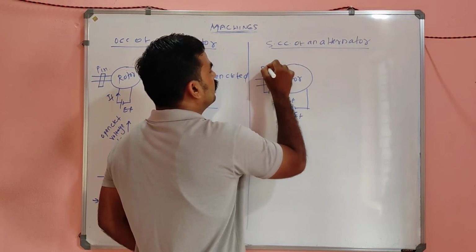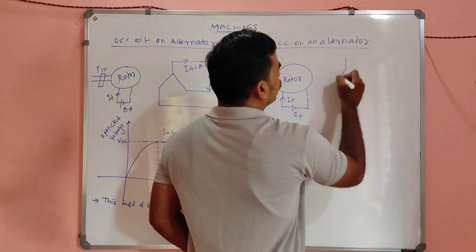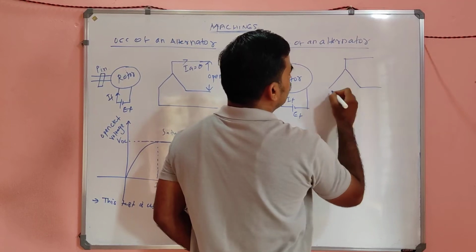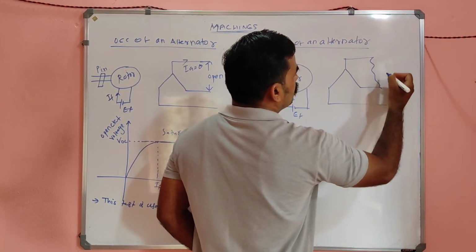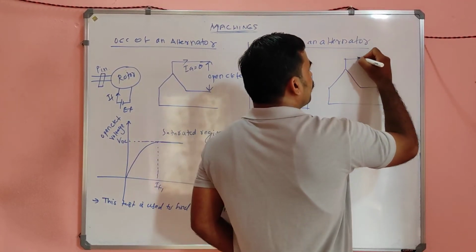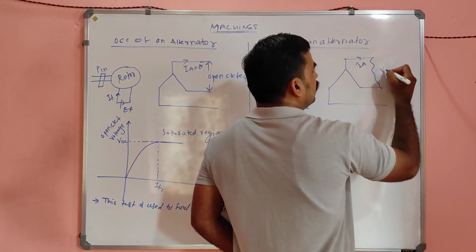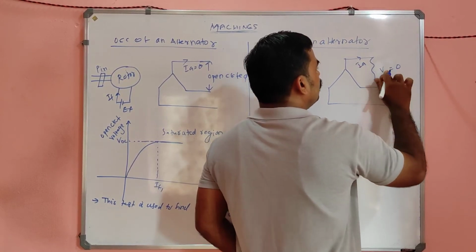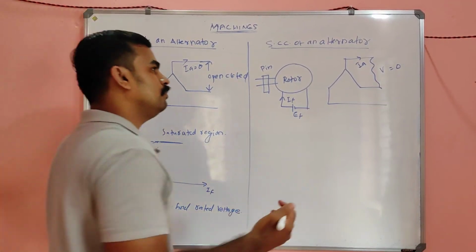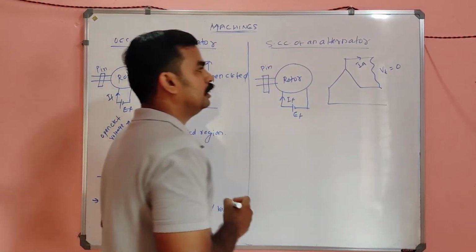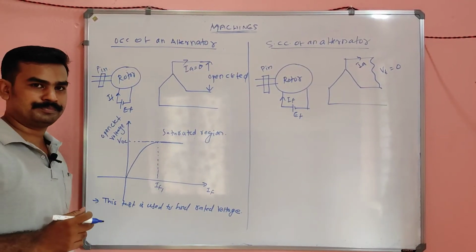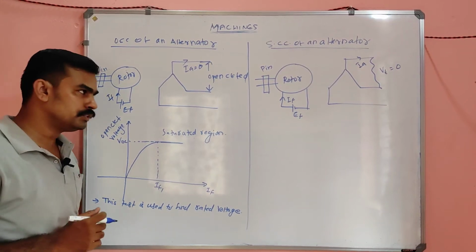This is the mechanical active power input. And this is the stator. Now the stator is short circuited, so that IA will be there and VT will be simply equal to 0, my dear. Terminal voltage will be equal to 0.